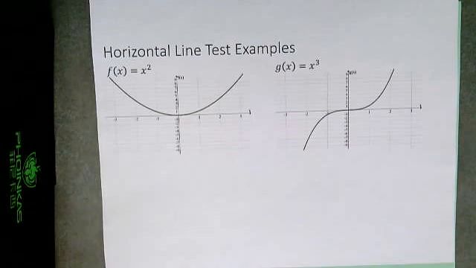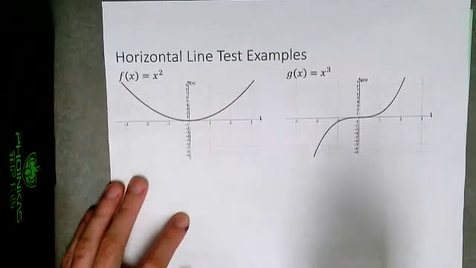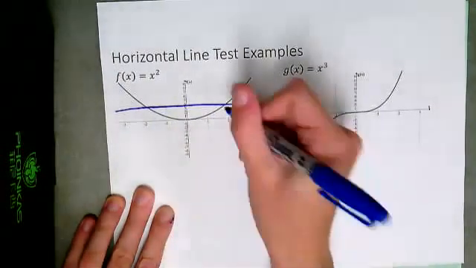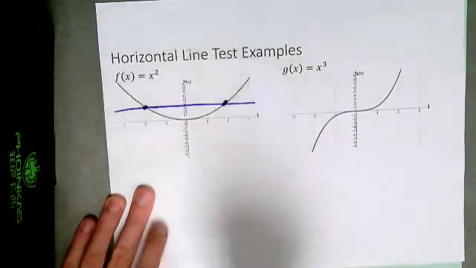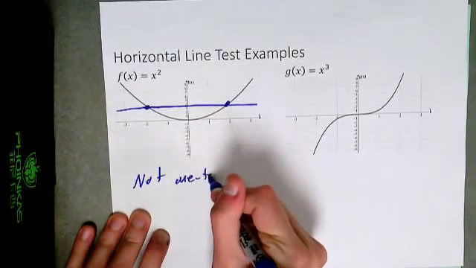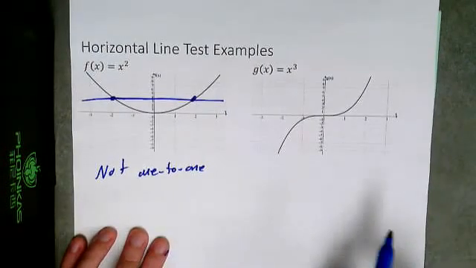f of x is equal to x squared. This one first. Well, it doesn't really matter where we draw it, so let's pick here. We intersect the graph once, twice, so not one-to-one. What about this one?